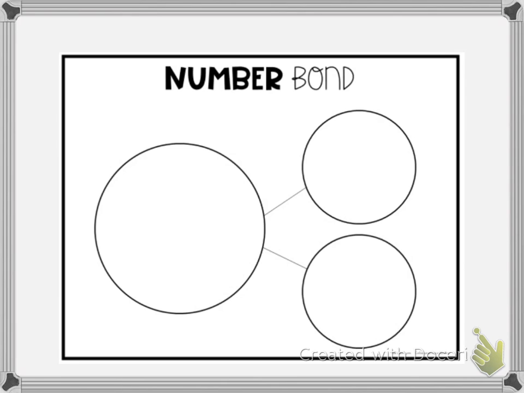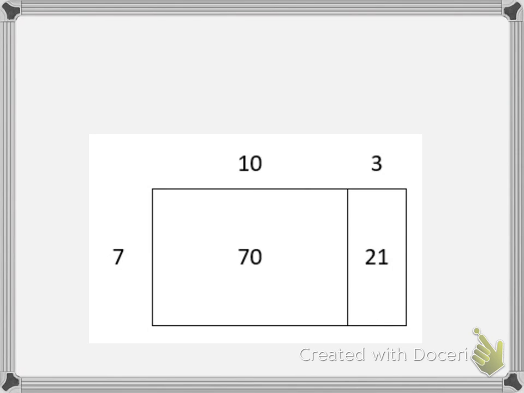Another way of doing division is using number bonds, actually breaking a number and splitting it apart and breaking it down to get to your final answer. And we'll be using that today. So I'm kind of working backwards here. This is a finished product of an area model with division.